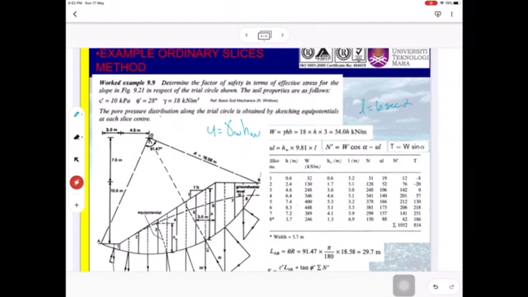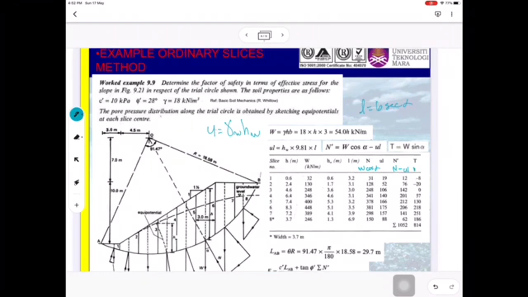Okay, then N, what is N? N is W cos alpha. And how to get N prime? N minus UL. So this is N prime.